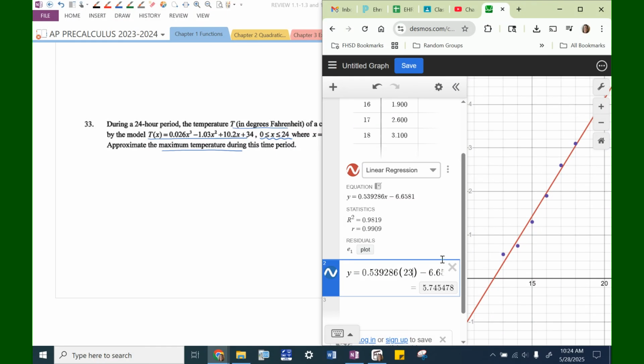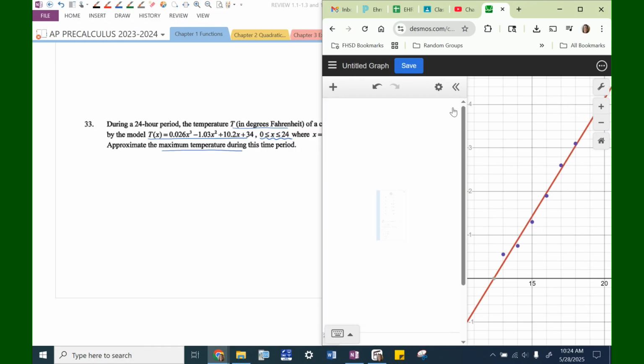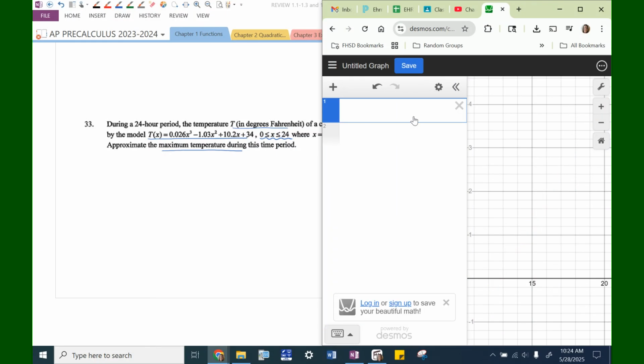So let me cross out my old stuff here. So T of x equals 0.026 x to the third minus 1.03 x squared plus 10.2 x plus 34.